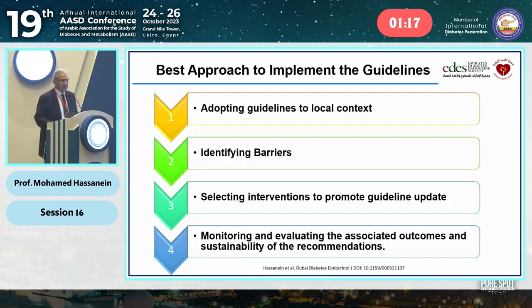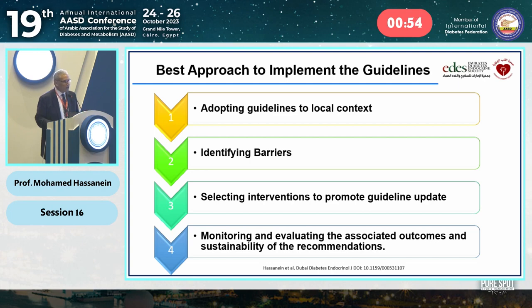My last slide, or possibly the last two slides: when we develop any guidelines, you need to monitor the implementation of guidelines. It's not just about producing a document, no matter how high quality the document is. We need to identify the challenges and the barriers to implementation of any guidelines.